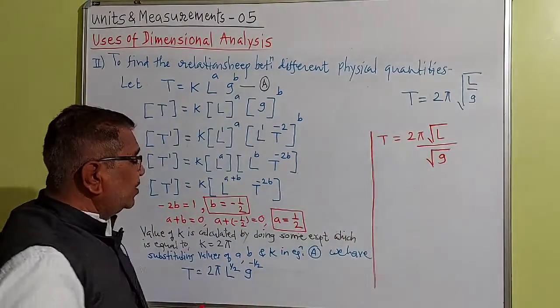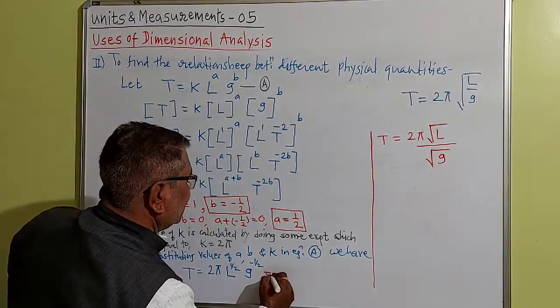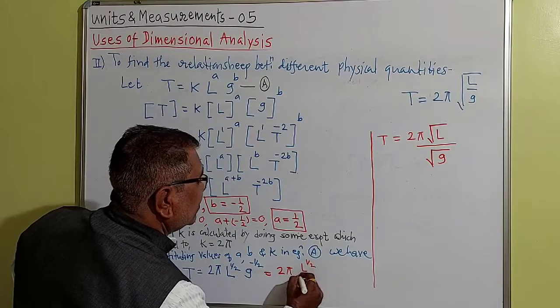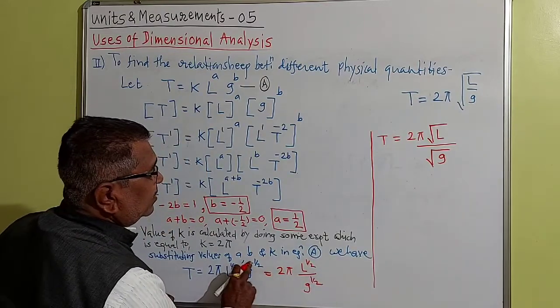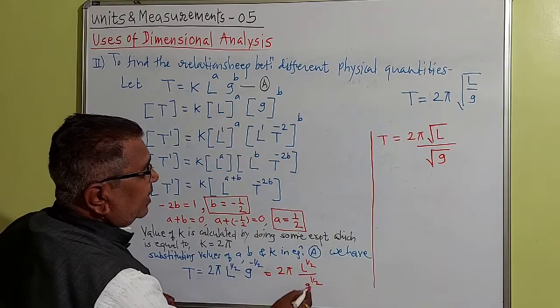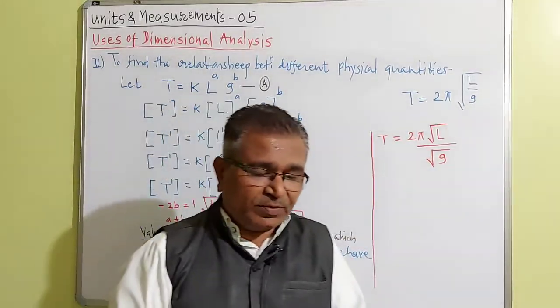But g to the power -1/2 goes into the denominator as g to the power 1/2, which is square root of g.